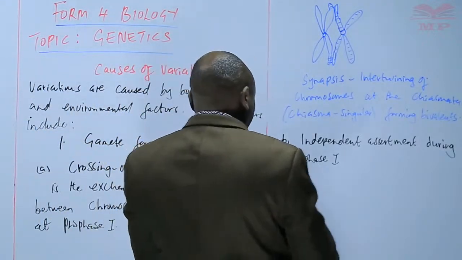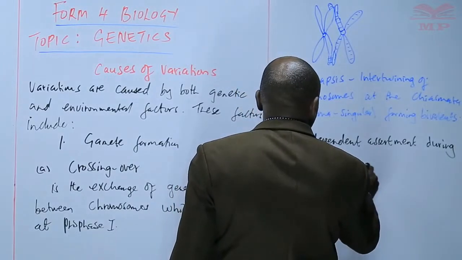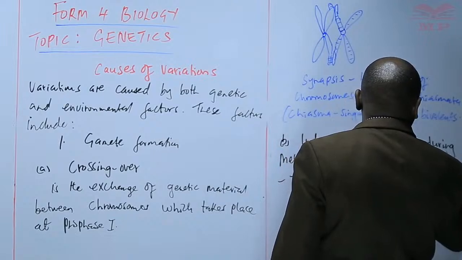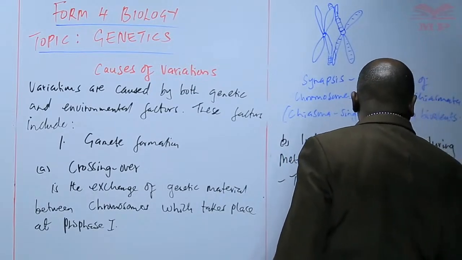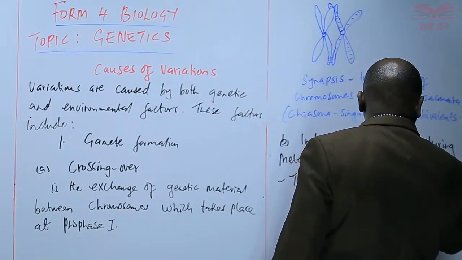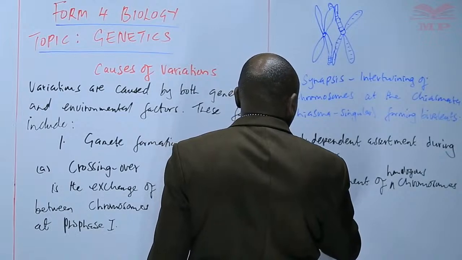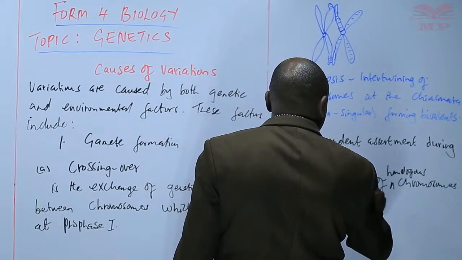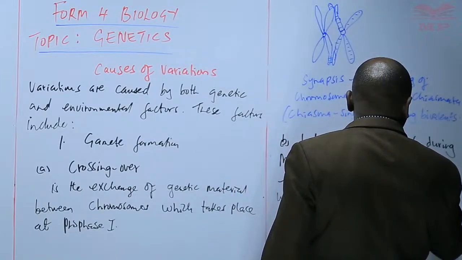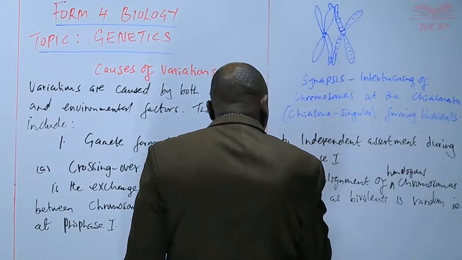So we are saying that the alignment of homologous chromosomes, while still as bivalents, is random. And that is what we are calling independent assortment.